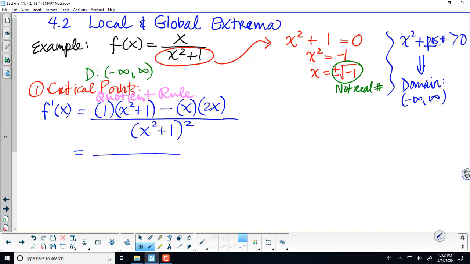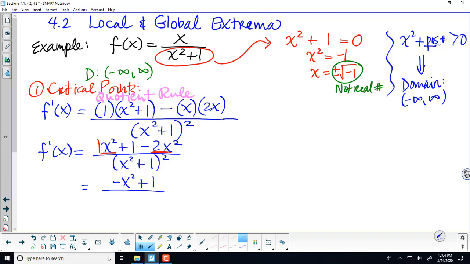So if I fix the top up, I end up with x squared plus 1 minus 2x squared. And you could stop here if you wanted. We could also fix the top a little bit more and combine like terms. That's a 1x squared and a negative 2x squared, which leaves me with, what? Negative 1x squared plus 1 all over x squared plus 1 squared.